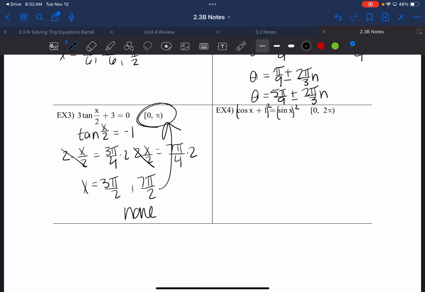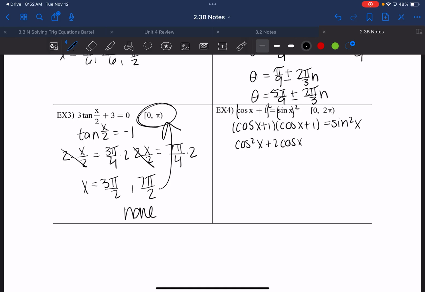Well, cosine of x plus 1 squared literally means cosine of x plus 1 times cosine of x plus 1, equals that sine squared of x. If we were to multiply this out, cosine times cosine would give us cosine squared of x. And then cosine times 1 and cosine times 1 would give me 2 cosine of x.